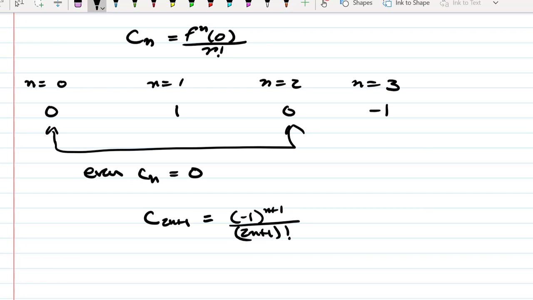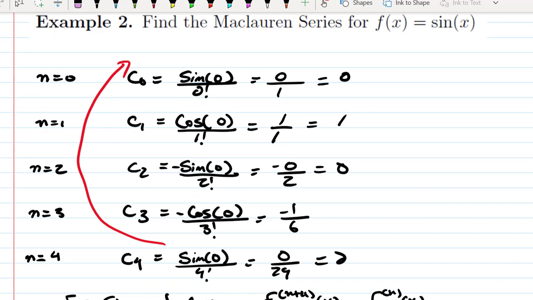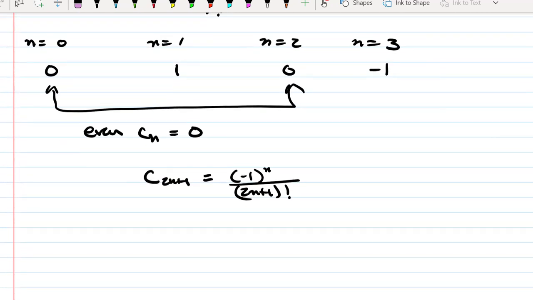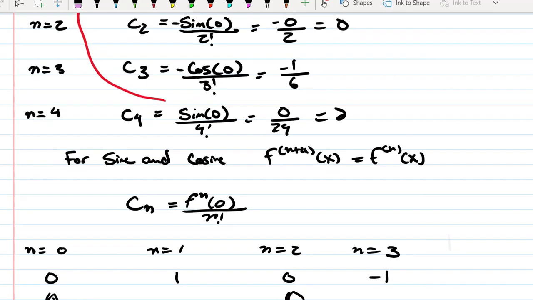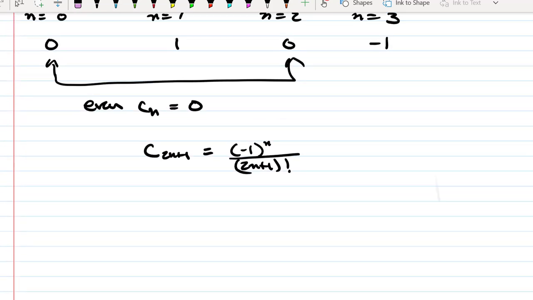And if we check this, if we plug in 0, we get 1 over 1 factorial. If we plug in 1, that's going to be 2 times 1 is 2 plus 1 is 3. So that would give us c sub 3 is equal to negative 1 over 3 factorial, which is what we got, negative 1 over 3 factorial and so forth.